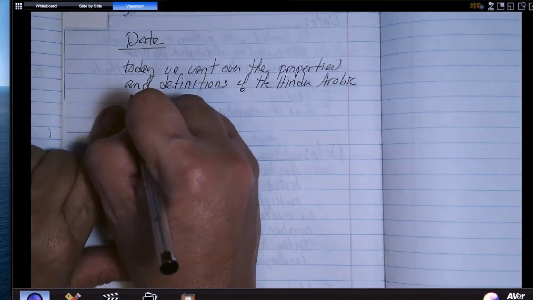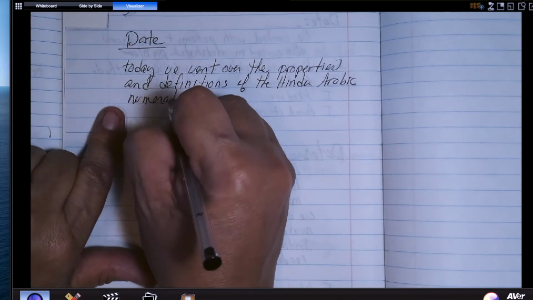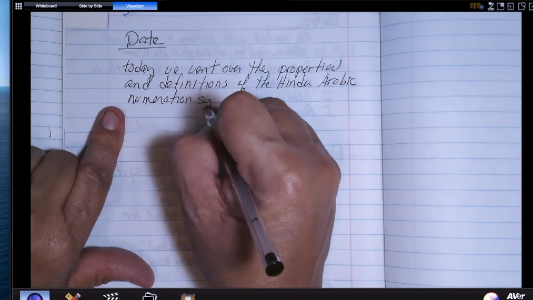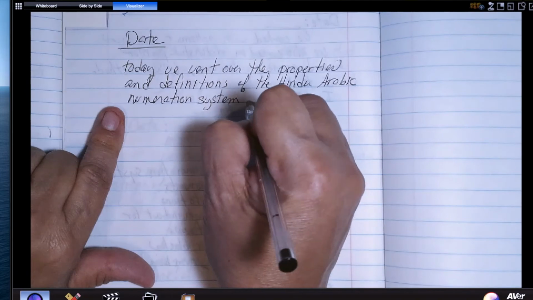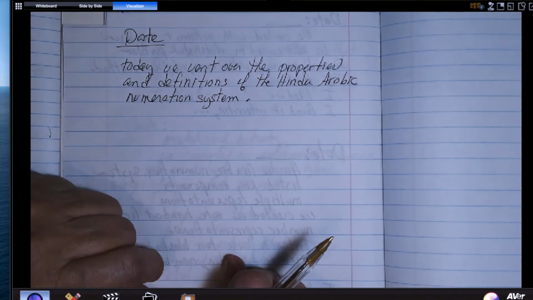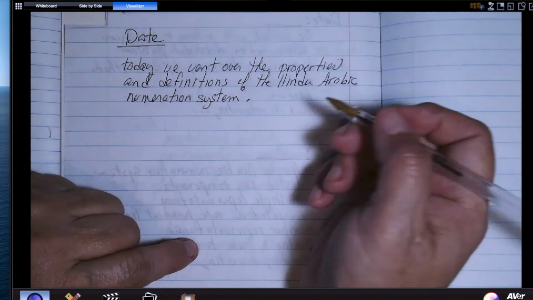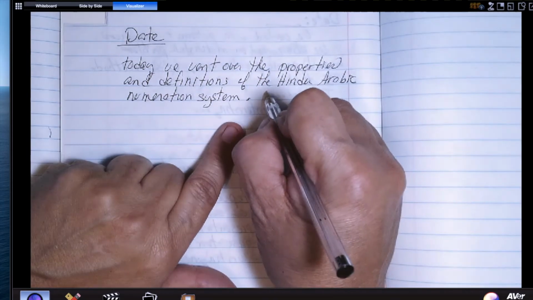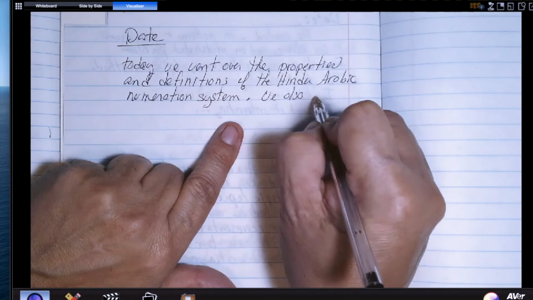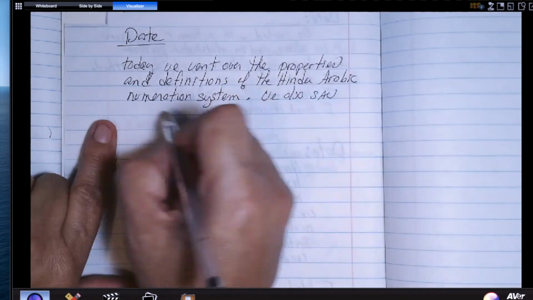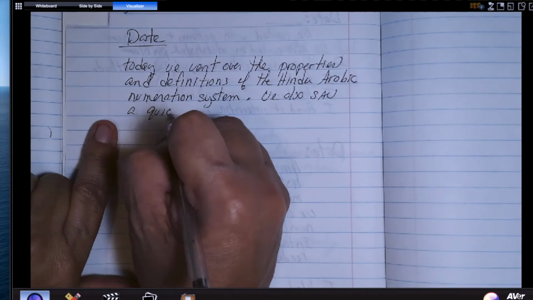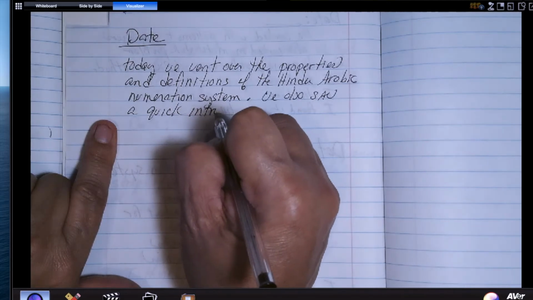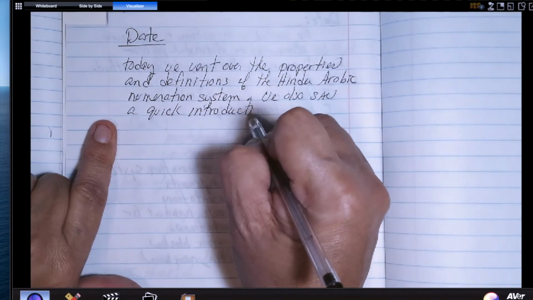Hindu-Arabic numeration system. We also did a quick introduction to base 10 blocks. Should we write that down? We also saw a quick introduction to base 10 blocks.